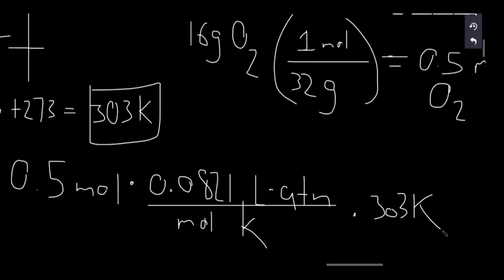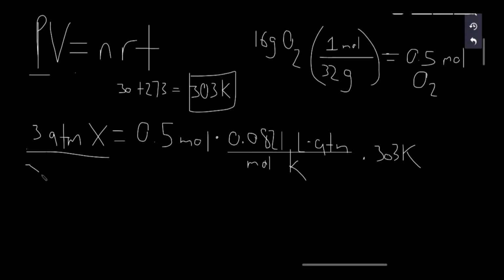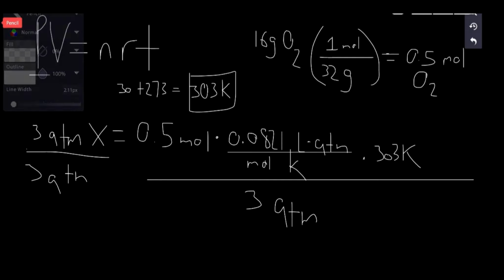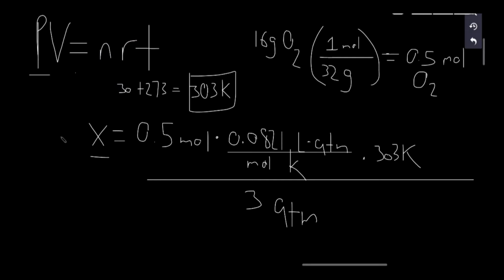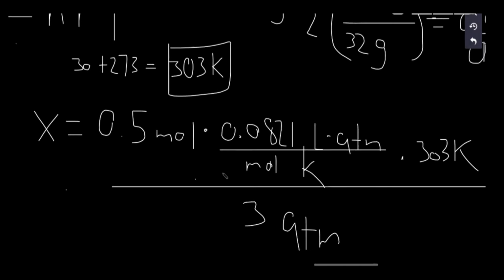It's Kelvin. How do we solve for x? Once again, just divide both sides to isolate x. Let's divide both sides by 3 atms. So now you see that all of this cancels out. And let's see if our units cancel out to make sure that we have the correct answer.